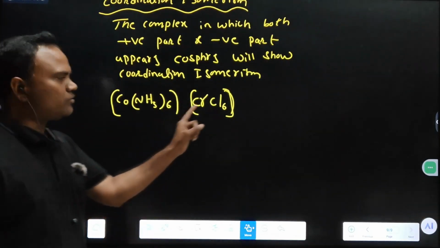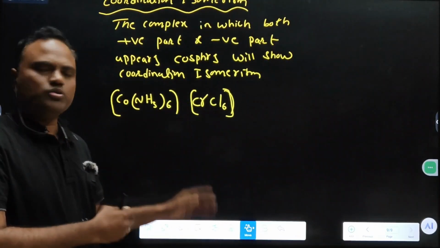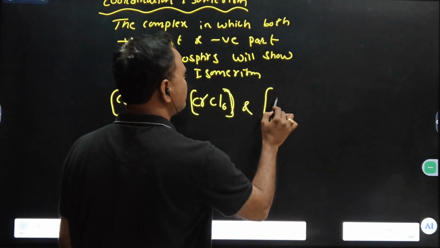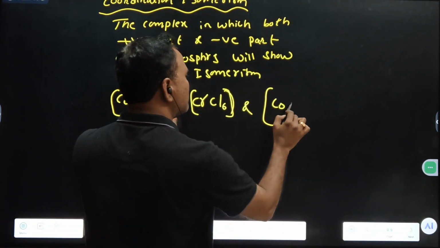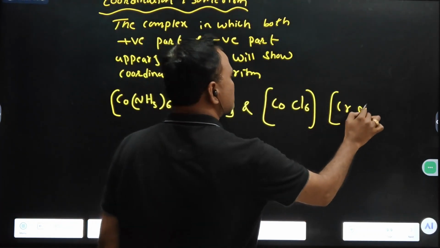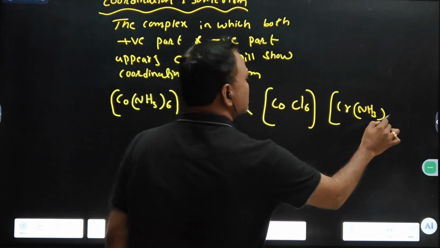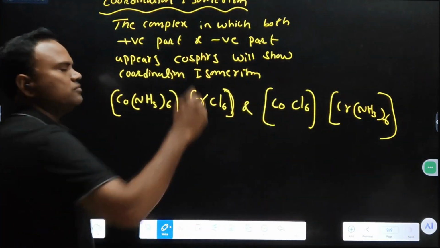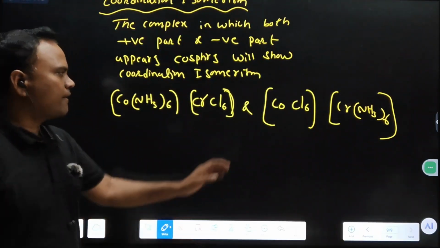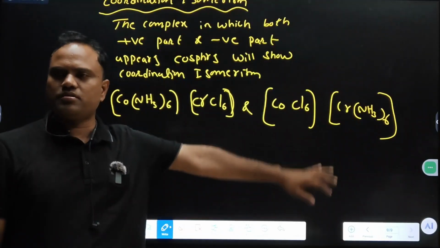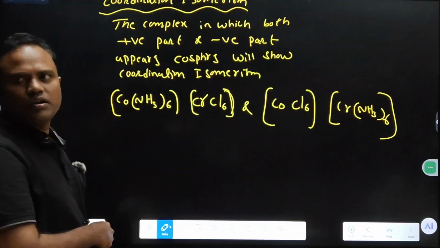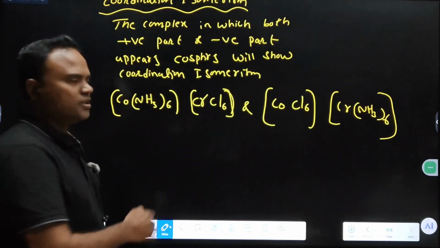See, I am writing one isomer for this. You tell me the difference between these two. How did I write this? By doing which operation did I write this?